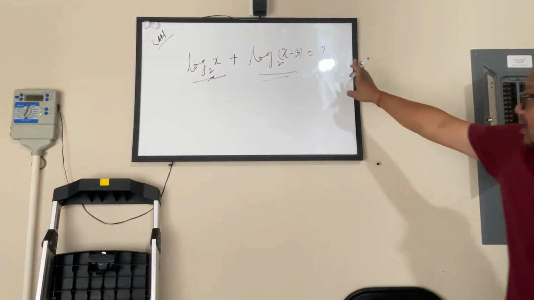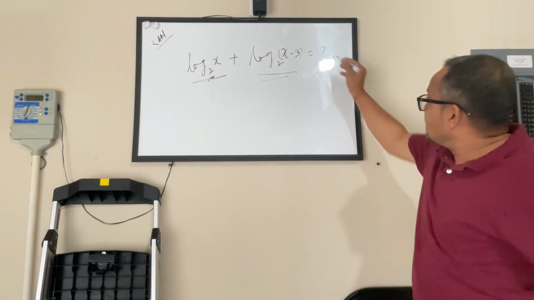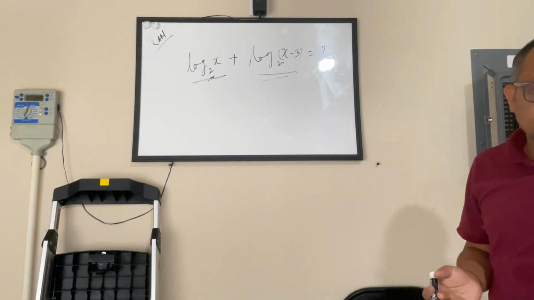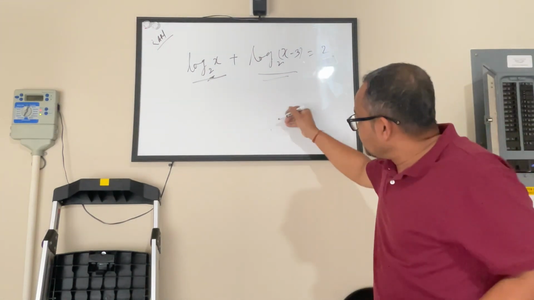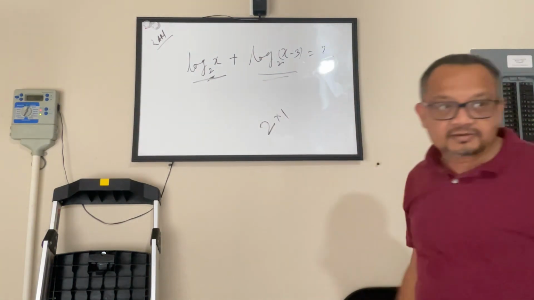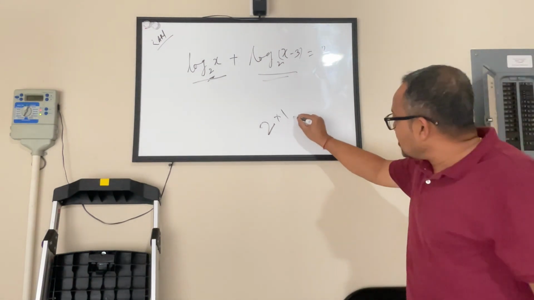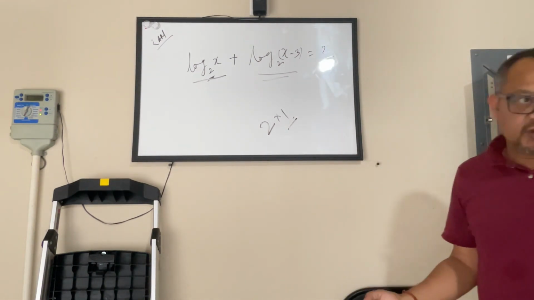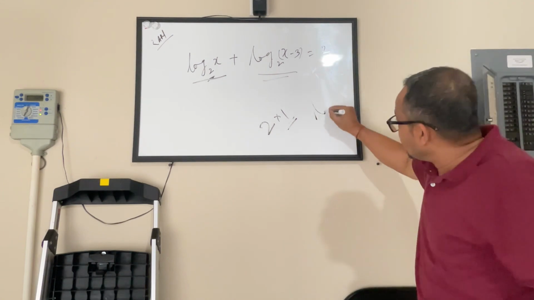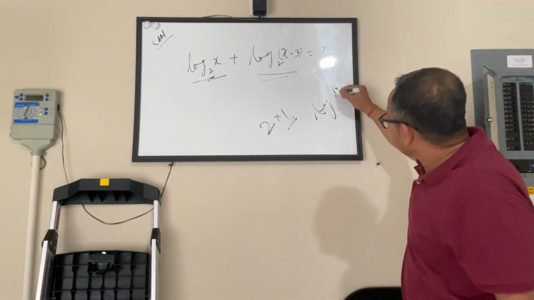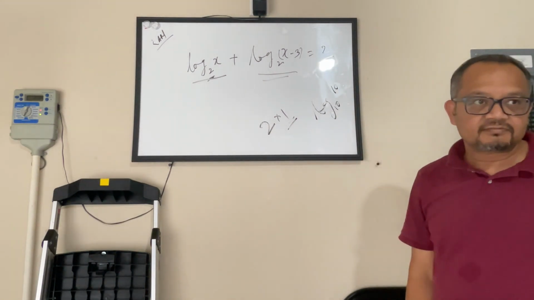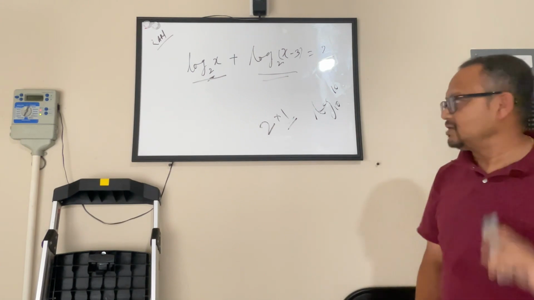Now, what does 2 mean? 2 of anything means 2 into 1. Now, 1 I can write the way I want. If I have log 10 base 10, this is 1.